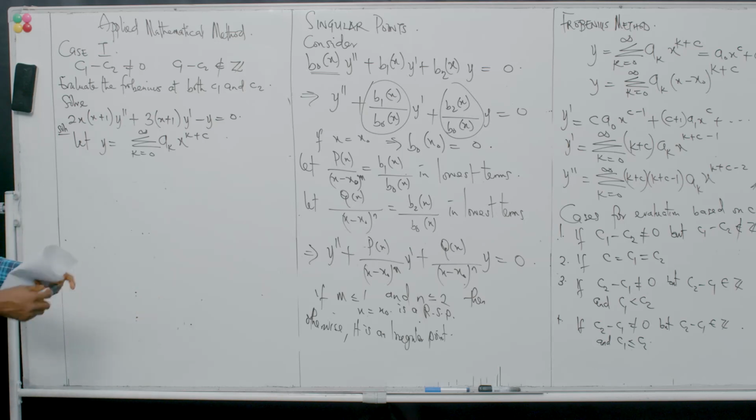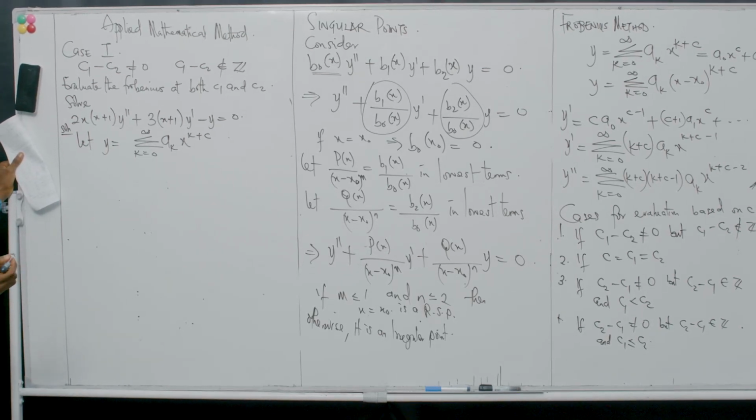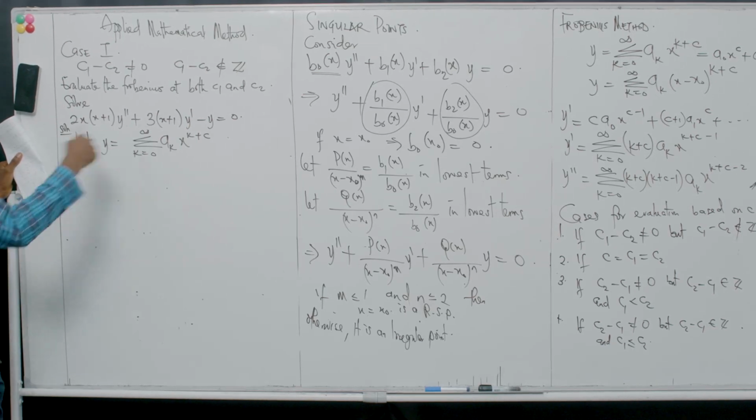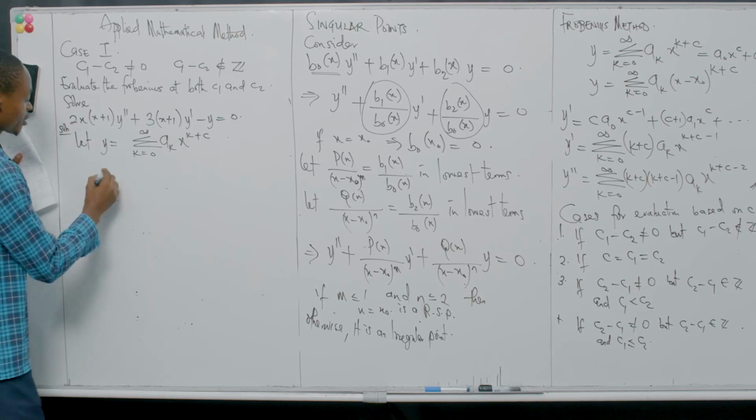So it's obviously a regular singular point without issue. Another thing that might interest you is that x equal to minus 1 is in fact also a regular singular point. So we can also evaluate this at x equal to minus 1. You can try that out if you like.